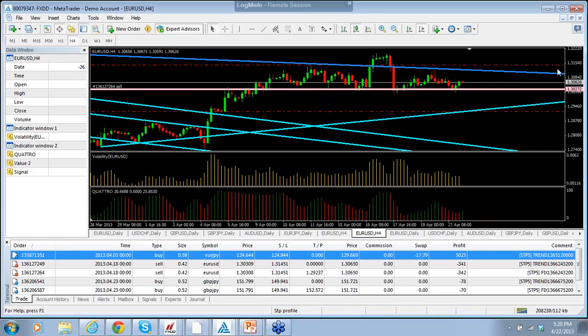All right, so the FxEdge Quattro. Basically, guys, I drew an area of support and resistance here at 1.3000 before 1.3027. You can see that we've been bouncing off that area, and that's a good place for us to look for a reversal back up to the highs here at 131.20.